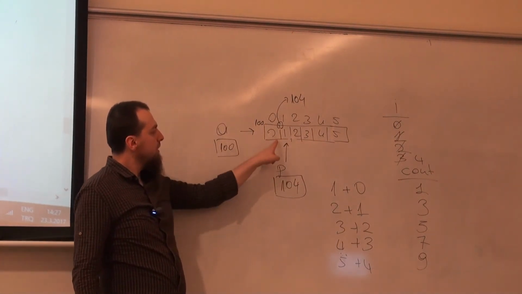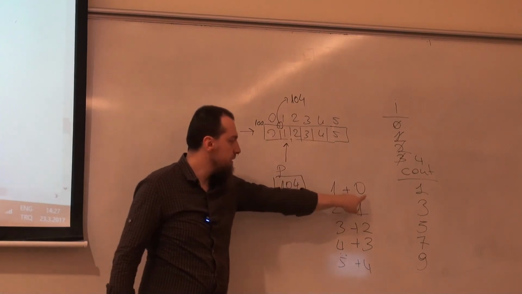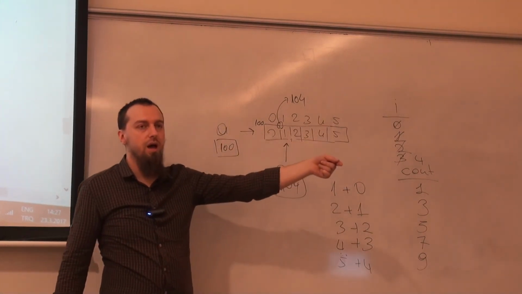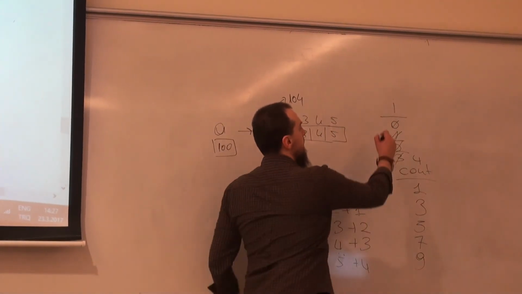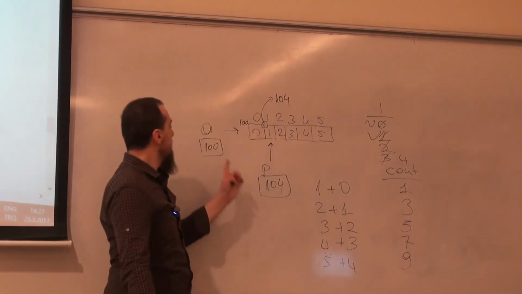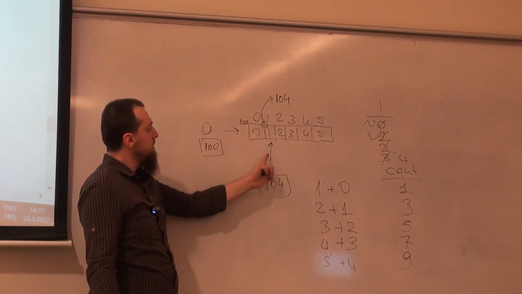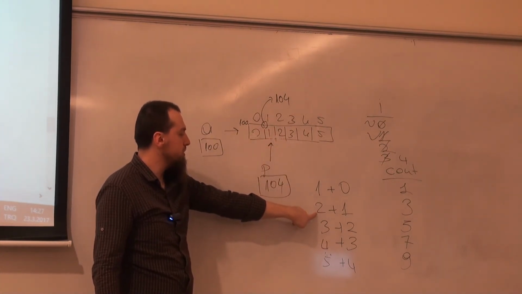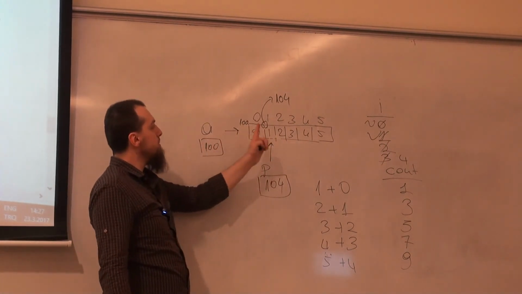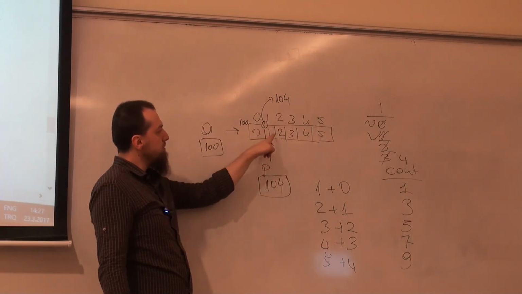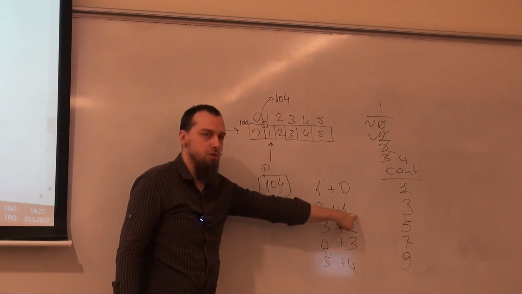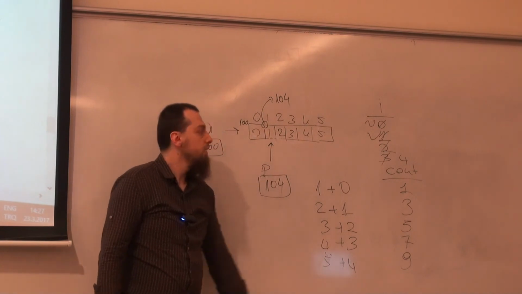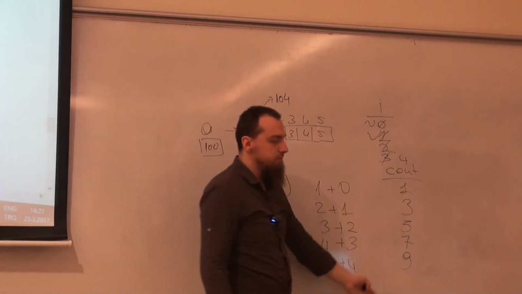And A is pointing here, that's why I have 1 plus 0. When I is incremented to 1, then P plus 1 actually is index number 2, that's why I have 2 here, the value to which it is pointing is 2. And A plus 1 now points to index number 1, that's why I have 2 plus 1, and so on. And I have the output 13579.